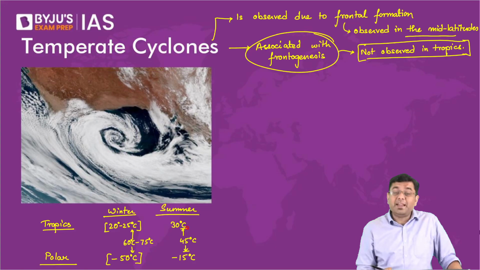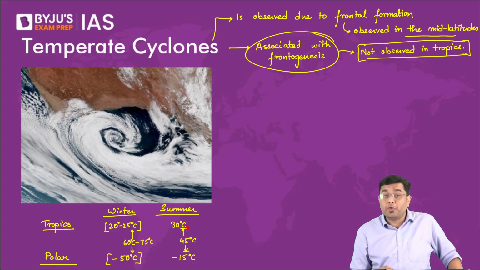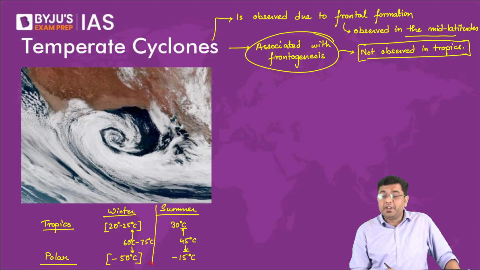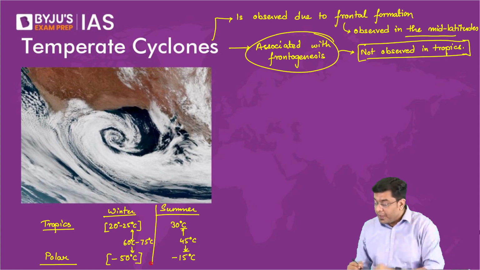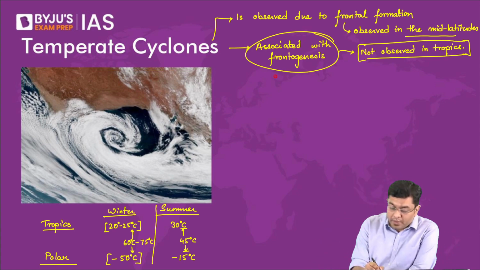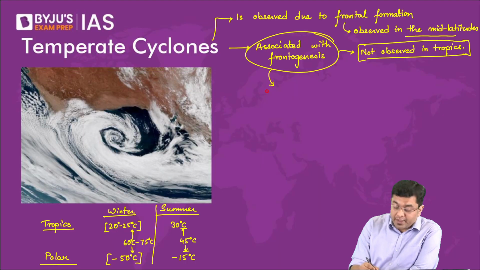So when is it that the difference of temperature is going to be more significant? During the winter, isn't it? That is when the difference in temperature is going to be very high. So basically, the difference in temperature is more dominant during the winter, hence frontogenesis is more frequent in winter months.